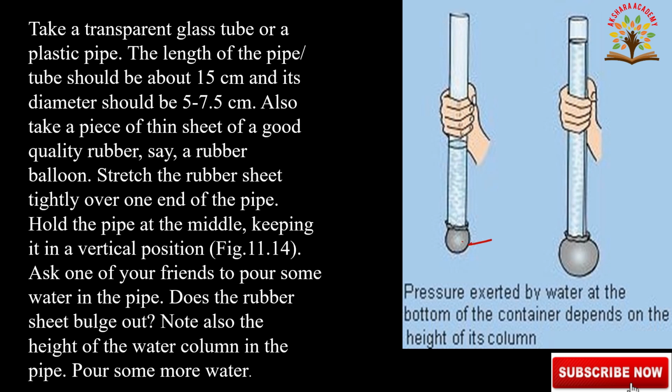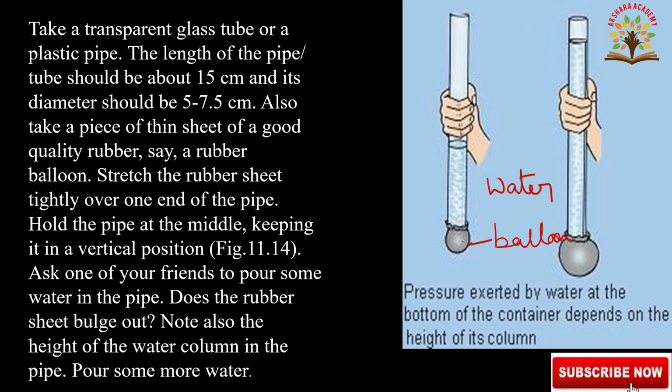This is the balloon, and here we are pouring some water, a liquid. This is a transparent glass tube held in the middle. Now note also the height of the water column in the pipe.